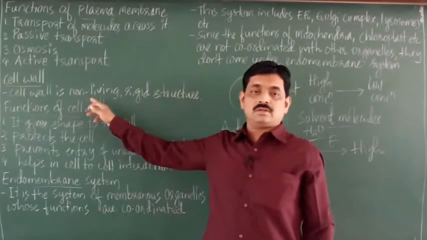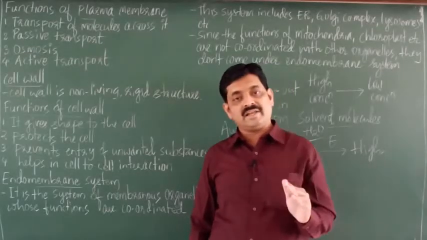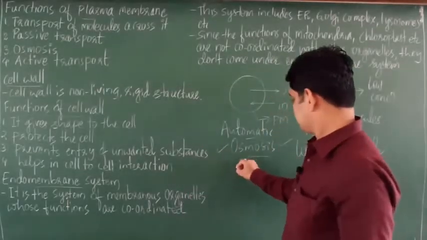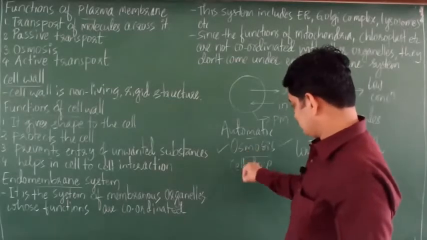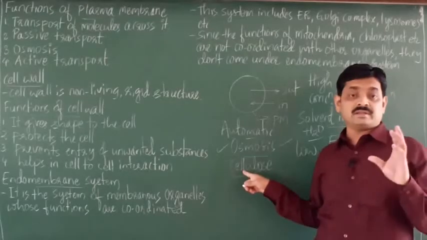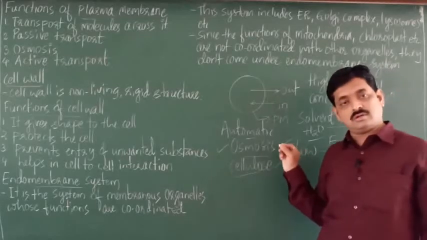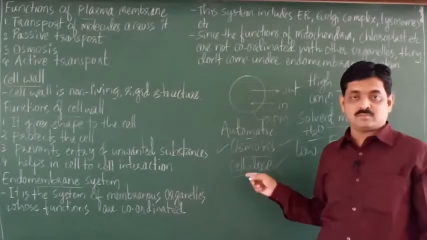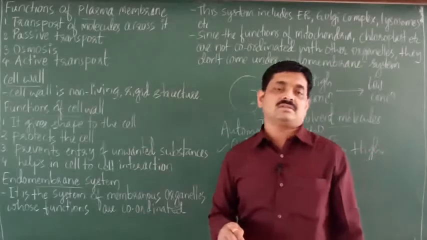Cell wall is a non-living rigid structure composed mainly of cellulose. The main component of cell wall is cellulose, which is a carbohydrate. Cell wall is rigid.